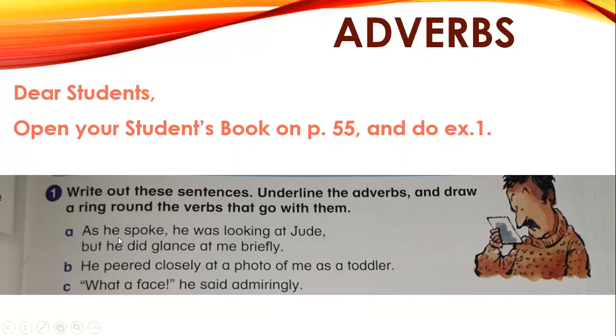A. "As he spoke, he was looking at Jude, but he did glance at me briefly." Okay, now briefly ends with ly, so it is the adverb. But which verb does it describe?